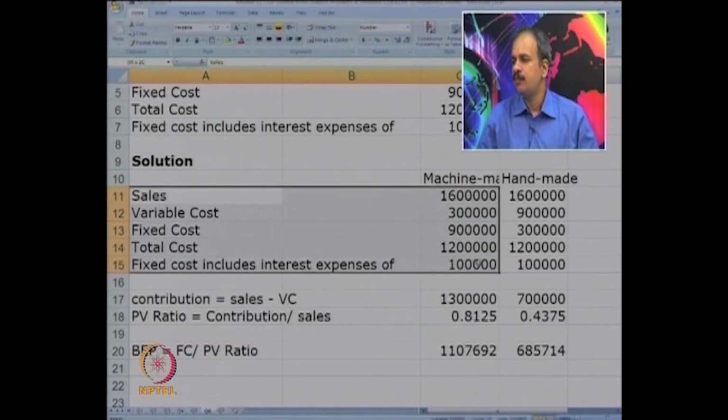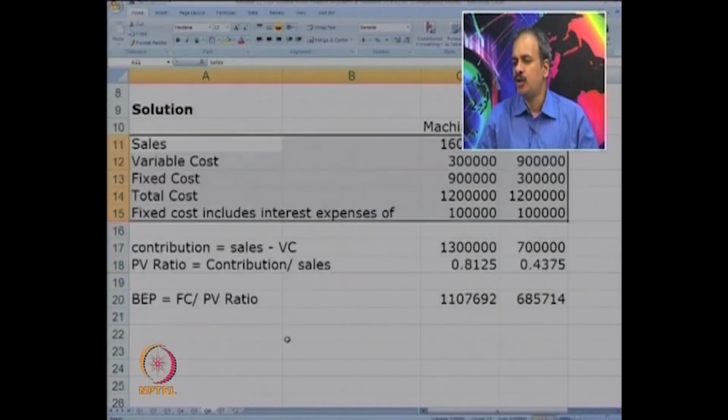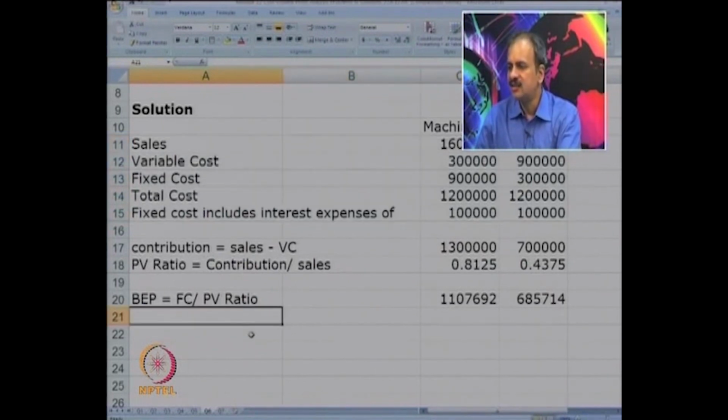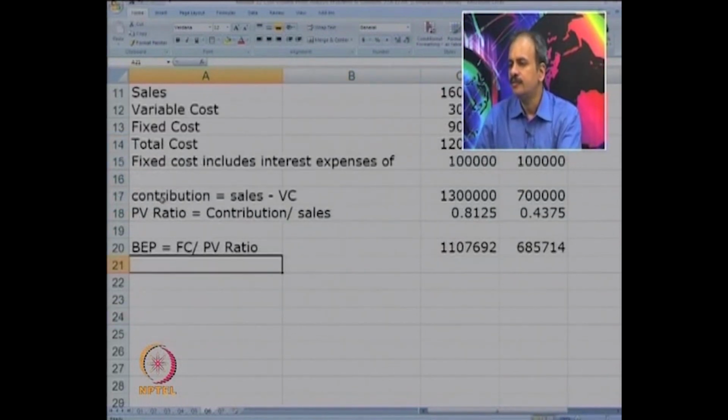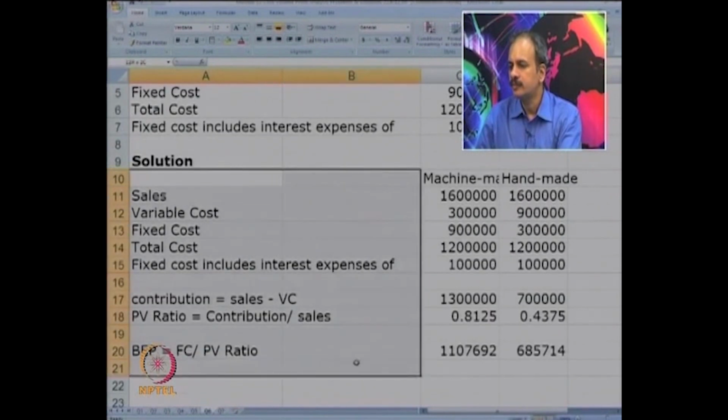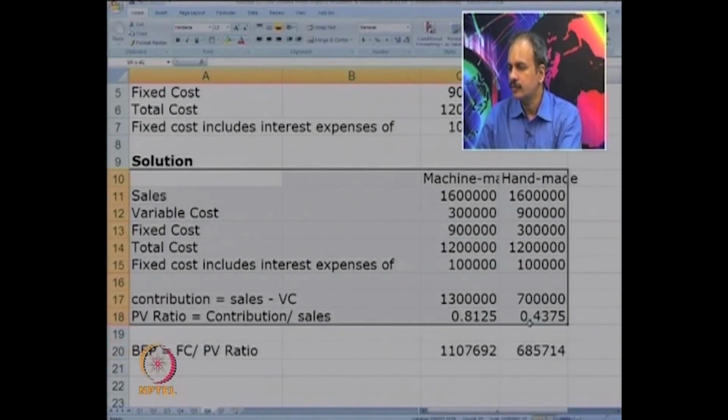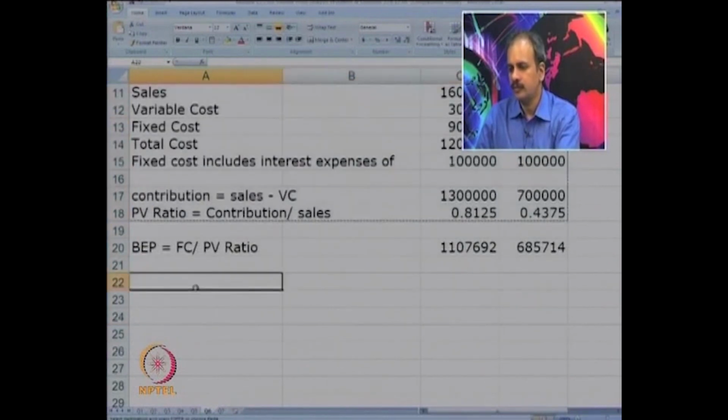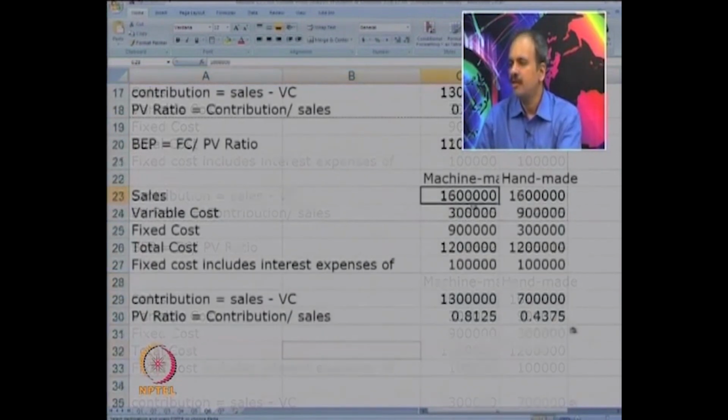Now, this is a picture we know at a particular level. Let us try to look at some other level of activity. Here the sales are the same, 16 lakhs.